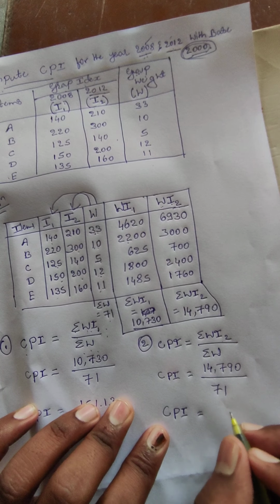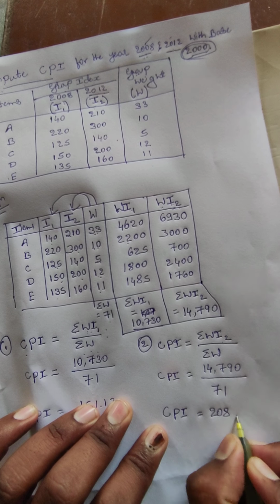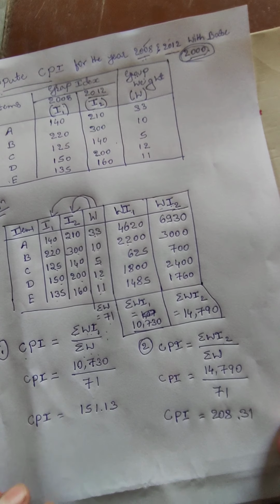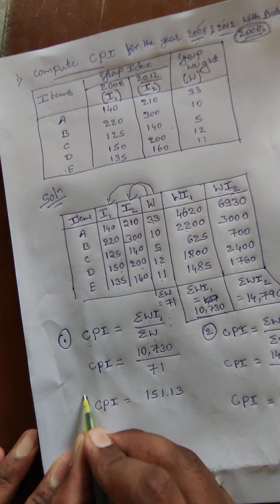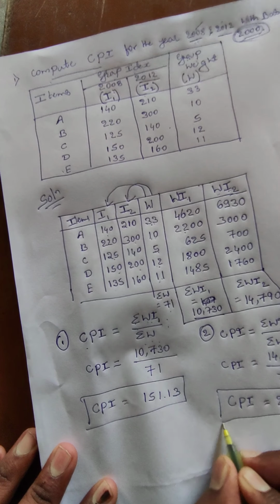If you simplify this, you will get the answer 208.31. This is the first year index, and this is the second year index.